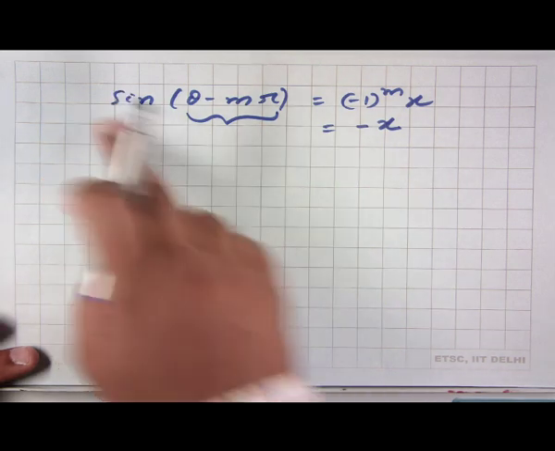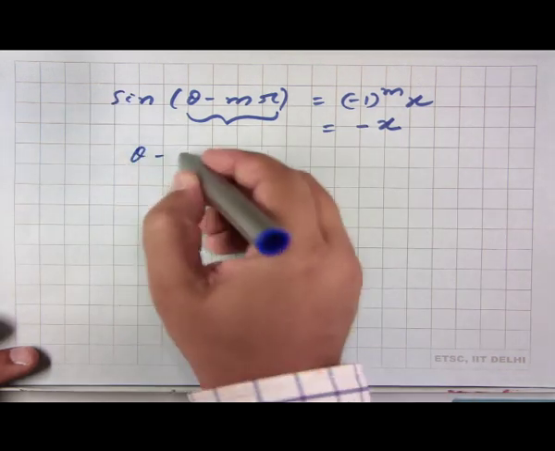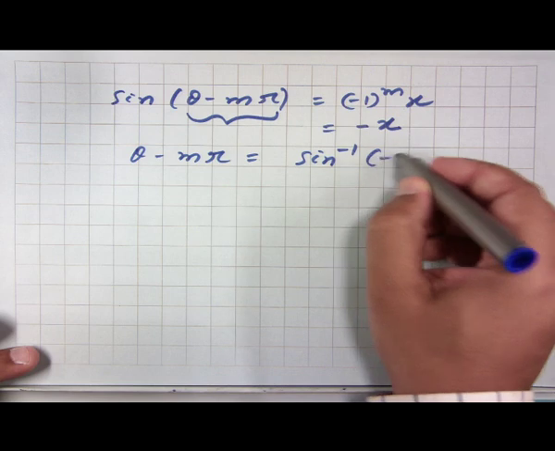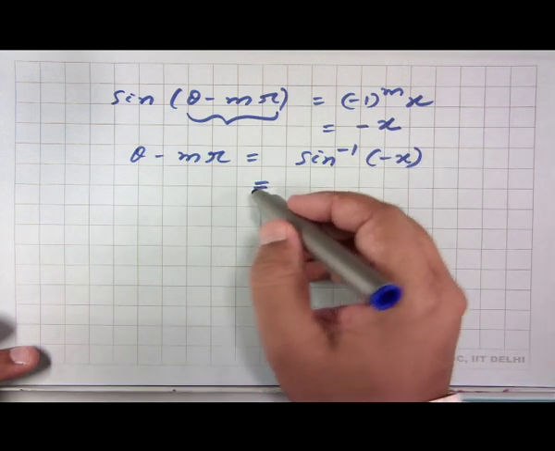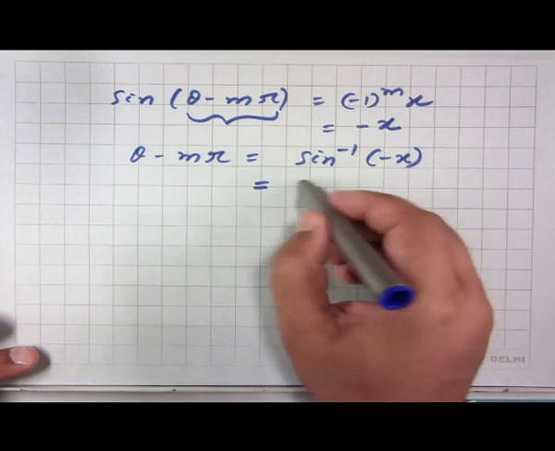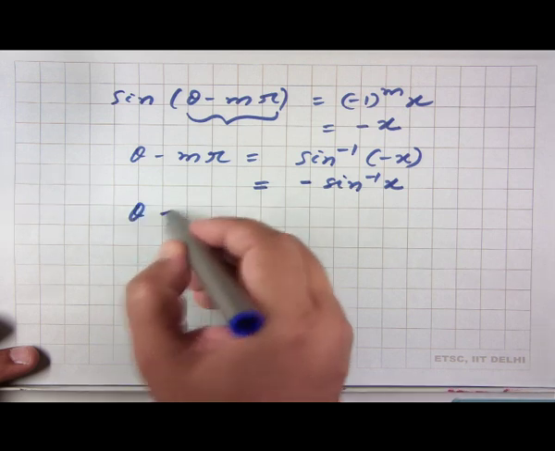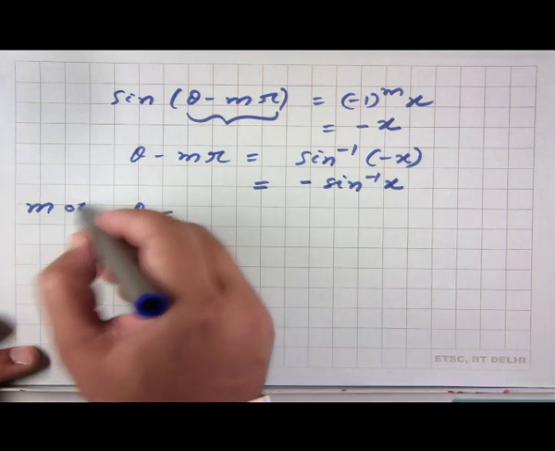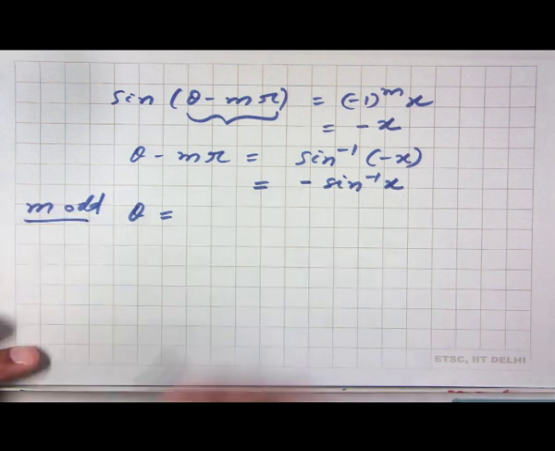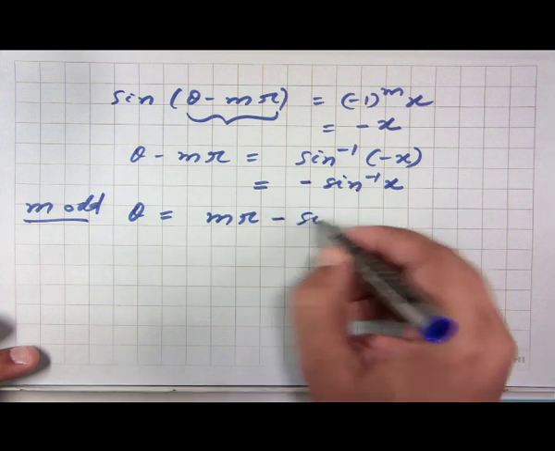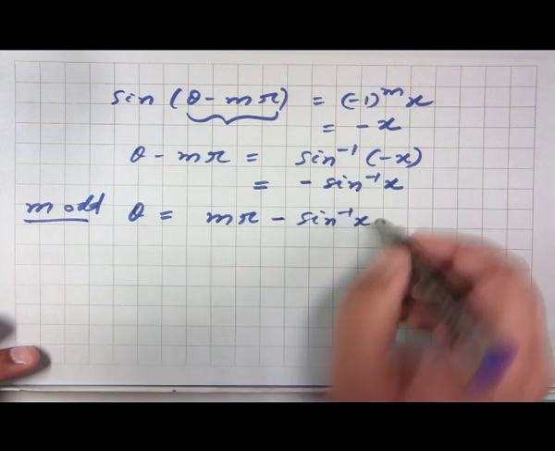Therefore, from this statement we can directly say that theta minus m pi is equal to sine inverse of minus x, but sine inverse is an odd function, and therefore this is equal to minus sine inverse x, from where we finally conclude that when m is odd, theta equals m pi minus sine inverse x.